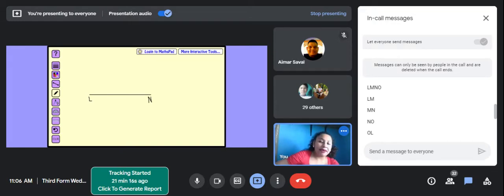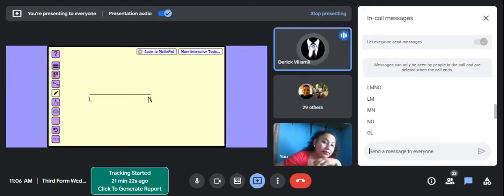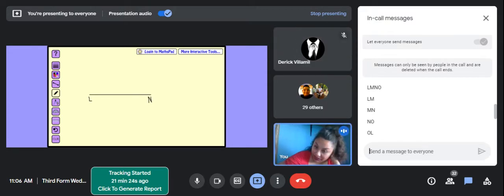Look at LM, MN, NO, and OL. Which one out of those four has an L or an N in them, but has the other letter being exactly the same?